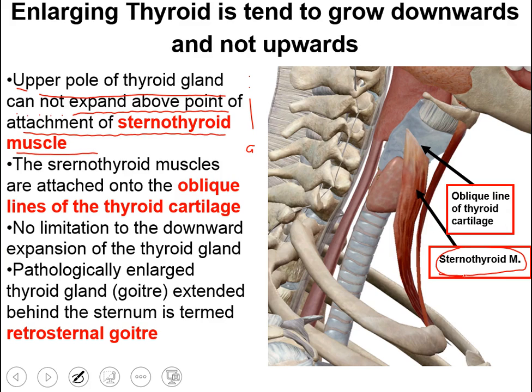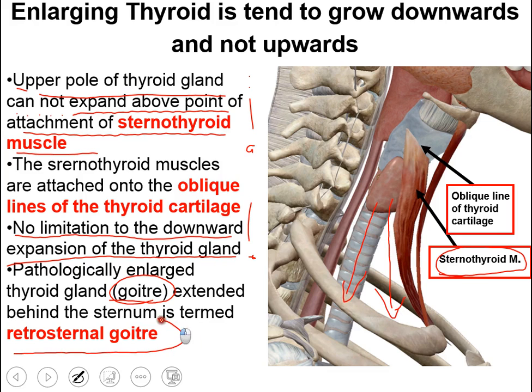But at the same time, there is no limitation to downward expansion of thyroid gland. As a result, pathologically enlarged thyroid glands, a clinical situation called goitre, has to occupy space behind the sternum. This is what we call retrosternal goitre.